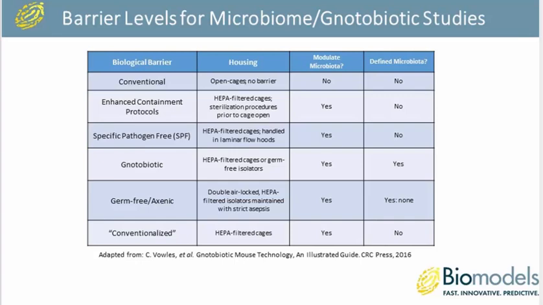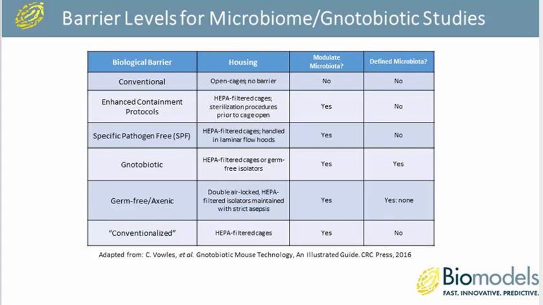So you're going to have control between groups, but maybe not control of the facility. The next level up, which we offer here as well, and we perform a number of studies of this containment protocol, is the specific pathogen-free, and that's where all of the cages are only opened in laminar flow hoods that are pre-sterilized, and so the microbiome that the mouse comes in with is the one it's going to have throughout the study, and it's going to be stable.